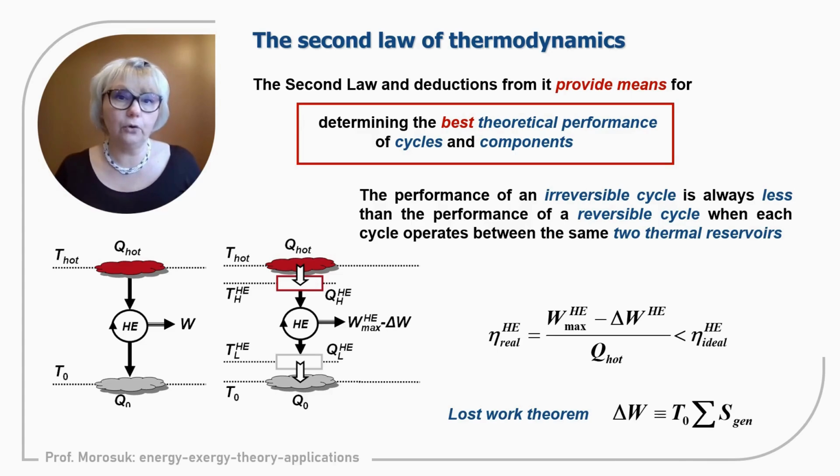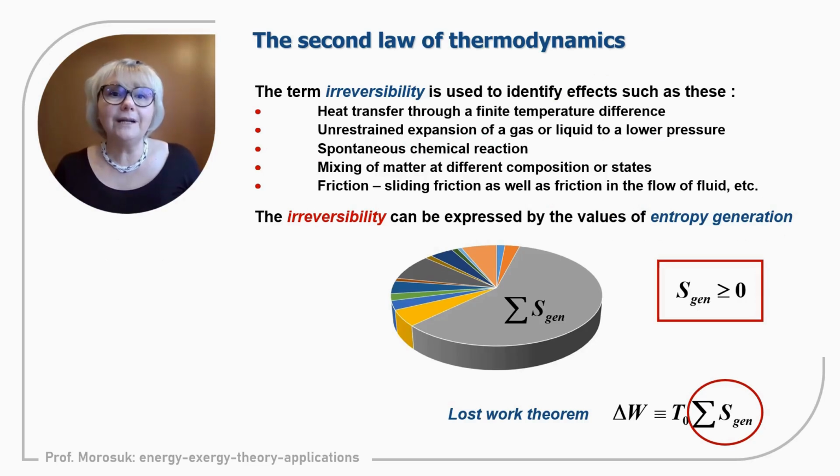And the concept of entropy, of course, is the second law of thermodynamics. And here we have the sum of entropy generation, meaning that we need to evaluate each irreversibility within the energy conversion system, or speaking about thermodynamic systems, within the closed system. We have the list of classical irreversibilities.